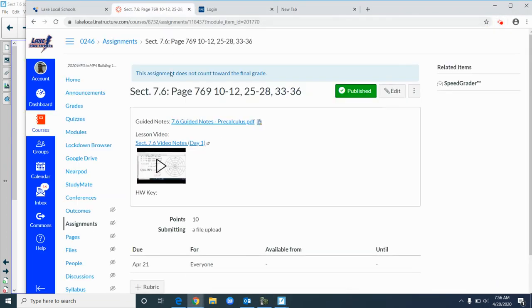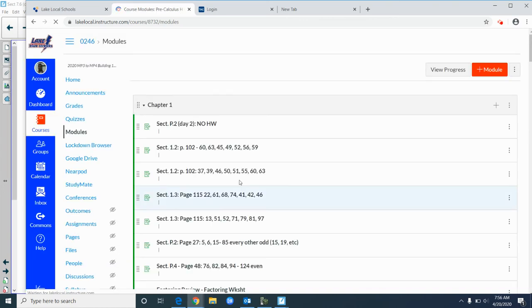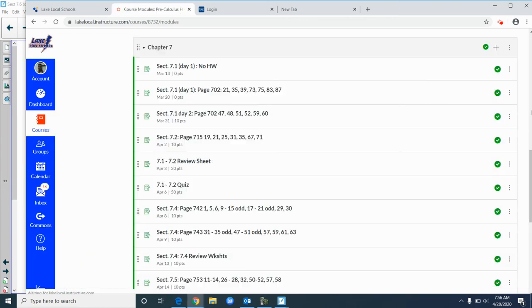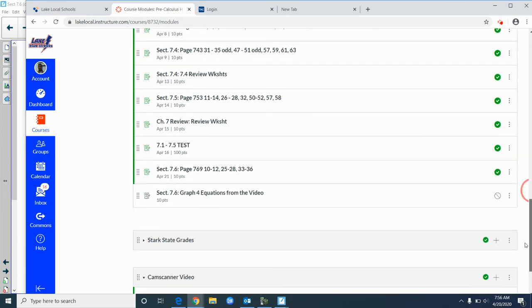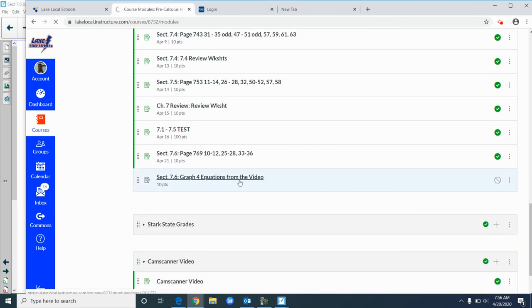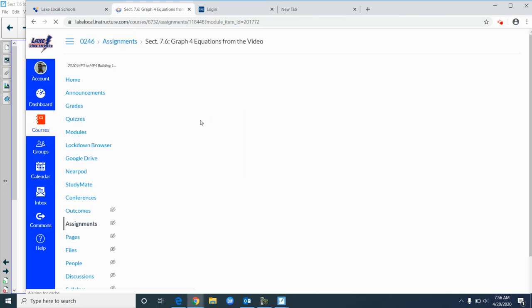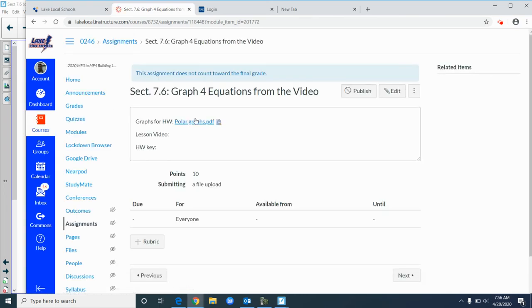Under the modules, the guided notes were from the day before because we continued on here, but it does have graphs for homework.